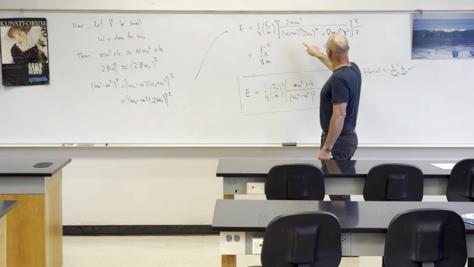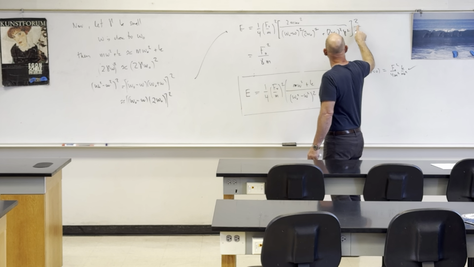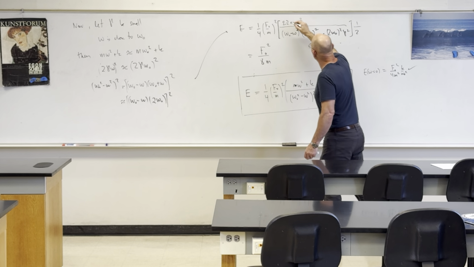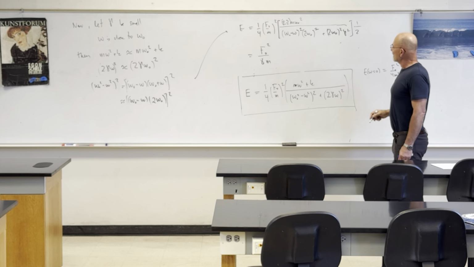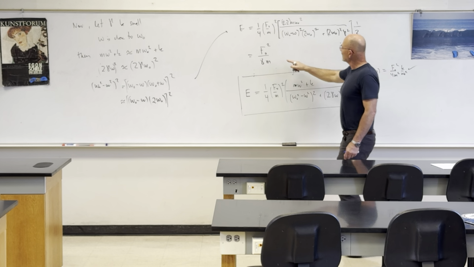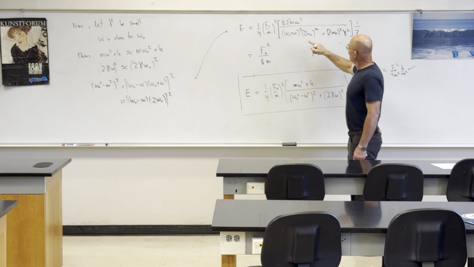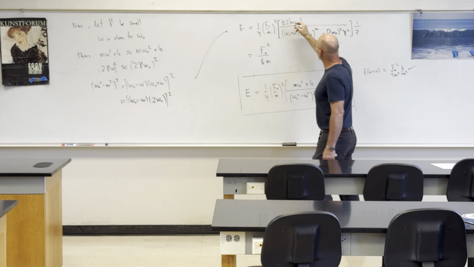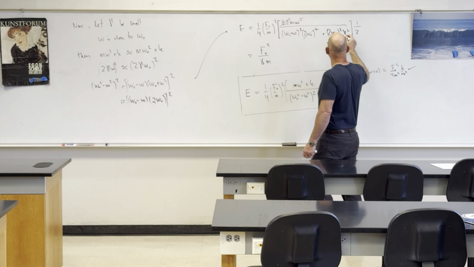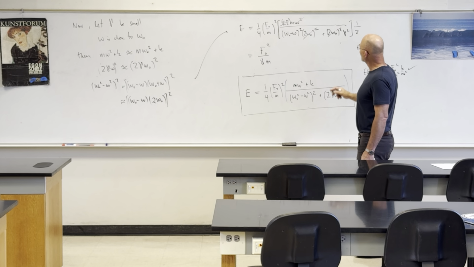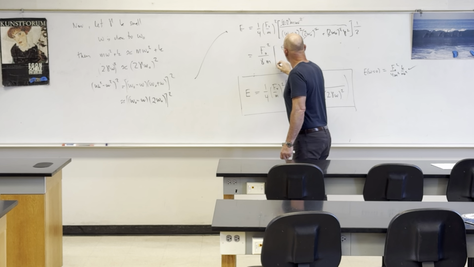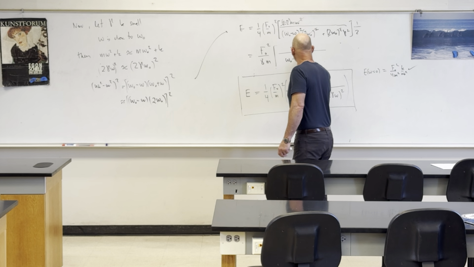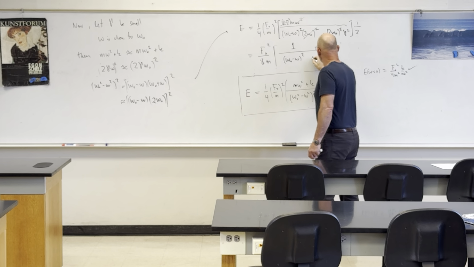So m omega naught, I'll put the 2 in here just so we see it. Okay, 2 times 2 right there. The 4 omega naught squared, that 4 omega naught squared, that 4 omega naught squared. So f naught squared over 8m. And now I simply have 1 over omega naught minus omega squared plus gamma squared.